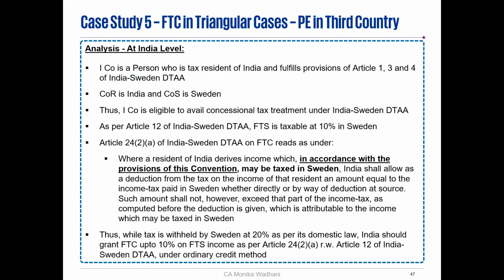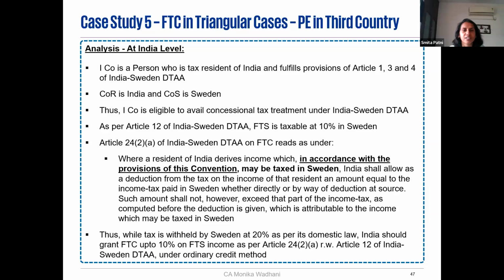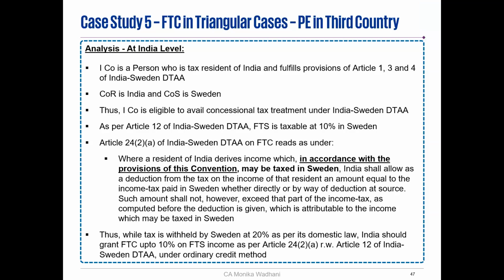Therefore, the 20% withholding which is done is not in accordance with the treaty. And therefore, I said that you should be eligible for foreign tax credit only up to 10% and not for the 20% of withholding tax which is done in the domestic country. Am I clear? Okay, hope I have clarified it. Thank you so much.